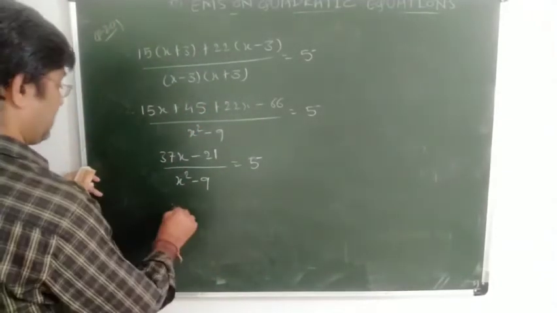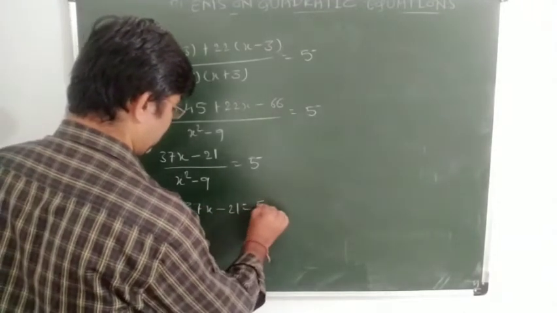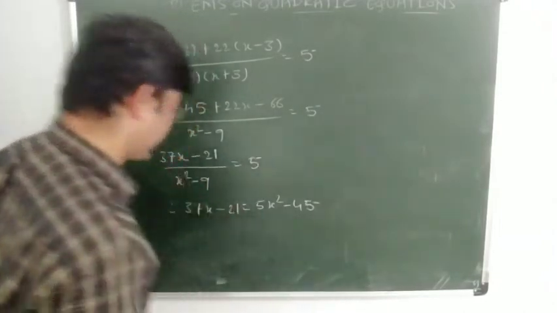Okay, therefore 37x minus 21 is equal to 5x square minus 45.